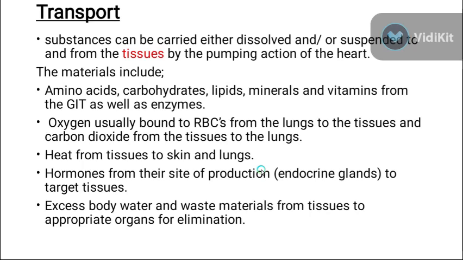Oxygen, usually bound to RBCs, from the lungs to the tissues and carbon dioxide from the tissues to the lungs. Heat from tissues to skin and lungs. Hormones from their site of production, endocrine glands, to target tissues. Excess body water and waste materials from tissues to appropriate organs for elimination.